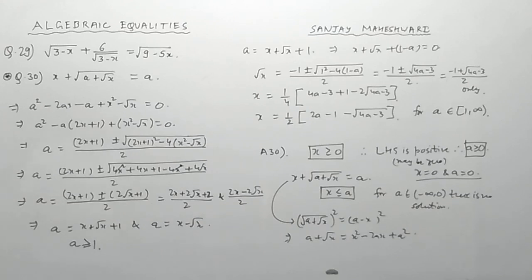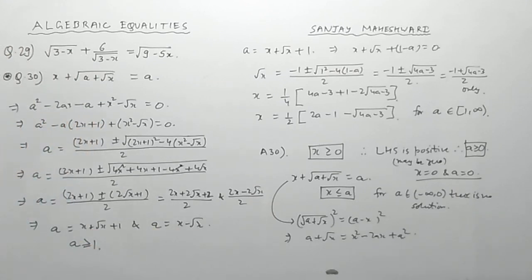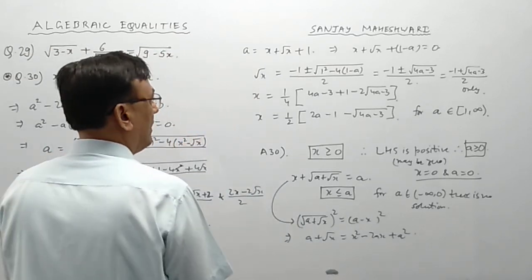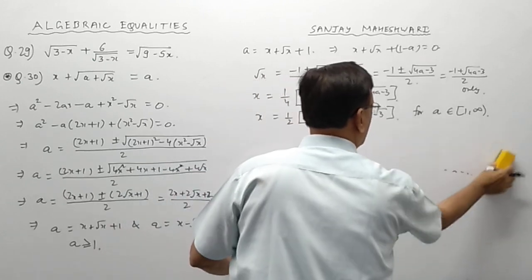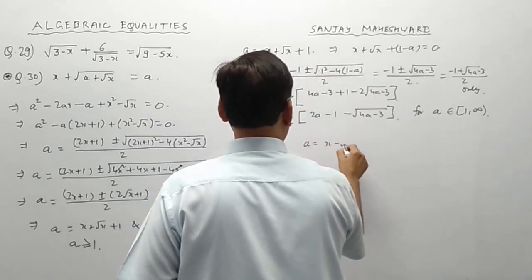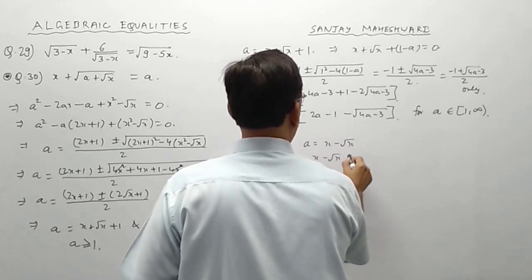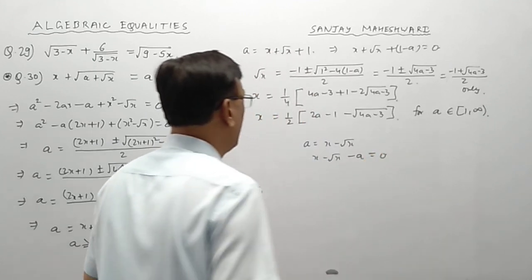Now for this part, a is equal to x minus root x. Let us check what will happen. This quadratic needs to be checked. A is equal to x minus root x. So x minus root x minus a is equal to 0.